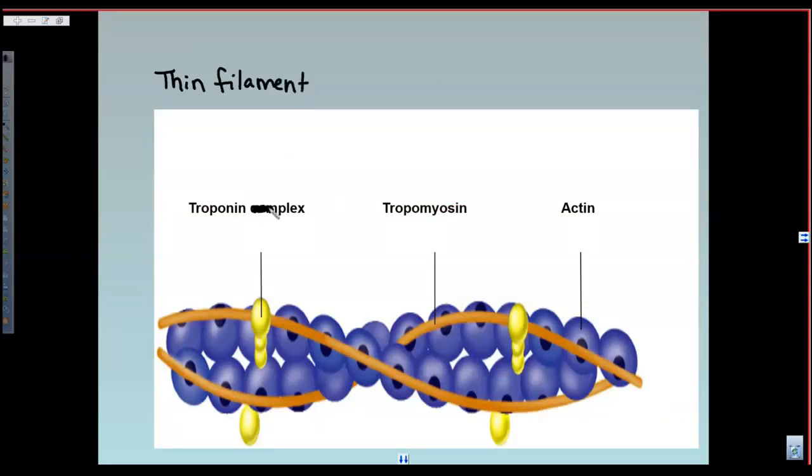I don't care that you have the word complex there, so we'll take that up there. So this little yellow guy here is called troponin. And these are all chemicals. The pretty pictures help our brain a little bit better. Let's see the chemistry behind it, the biochemistry. This thing that looks like a rope is really a chemical. These are all proteins.